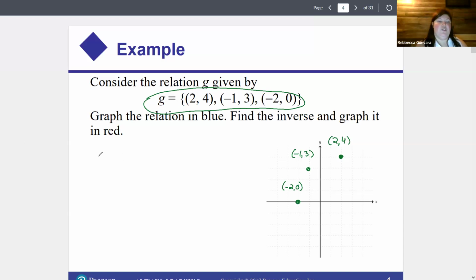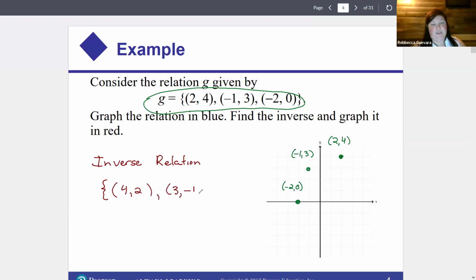I am going to do my inverse relation in a different color, this burgundy color. All we're going to do is swap these points. So 4 swaps with 2, 3 switches places with -1, and 0 switches places with -2. This is my inverse relation.